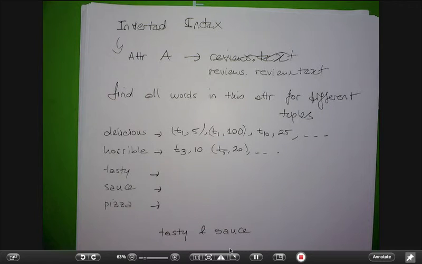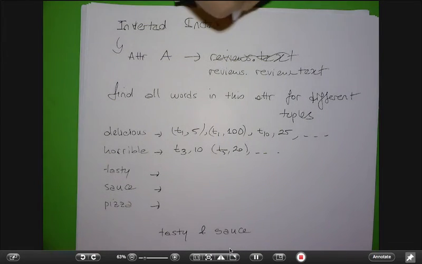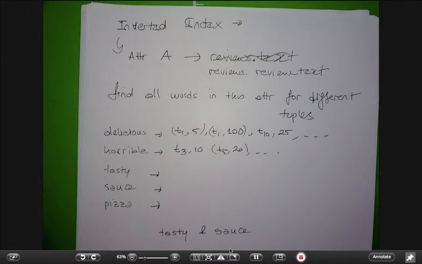So these are bitwise AND and OR, depending on what this condition is. And then after you find the tuples that contain it, then you go and search for the detailed ones. So this type of an inverted index, for example, is implemented in Postgres using GIN.